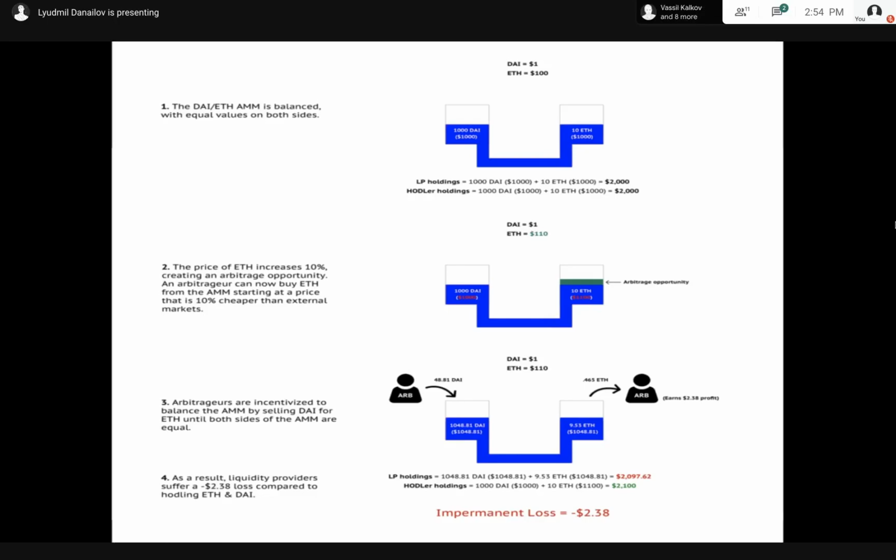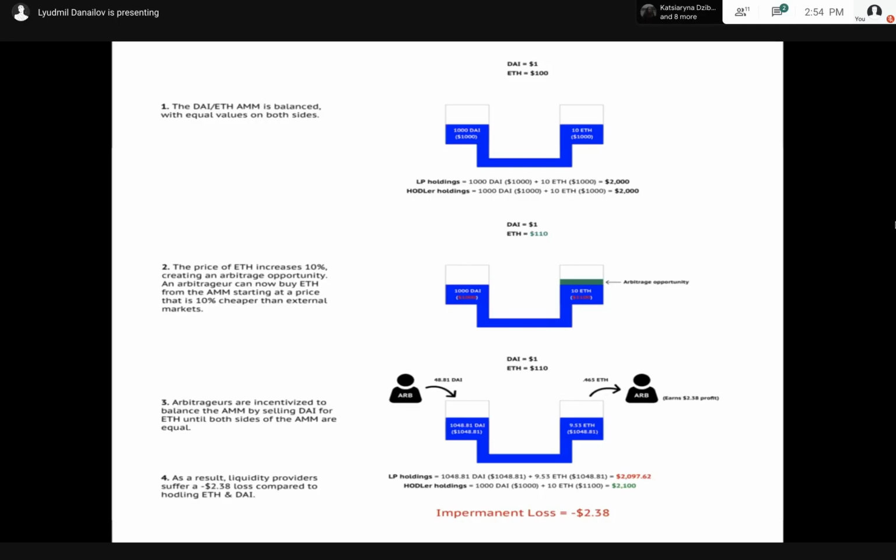A way to evade impermanent losses is providing liquidity to an AMM which is based on tokens which are not volatile relative to each other.